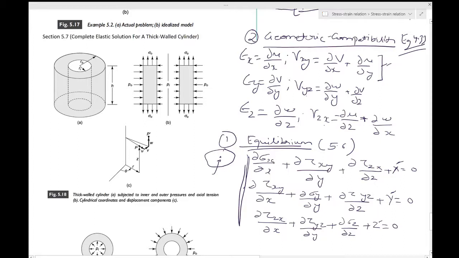So these are the strain displacement relations, and these are, as I've said, three-dimensional extensions to equation 4.33. This is 5.7. So using equation 5.7 would mean using the strain displacement relationship, which is the geometric compatibility in the language of steps 2.1.